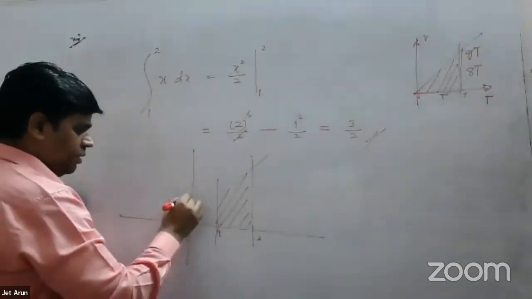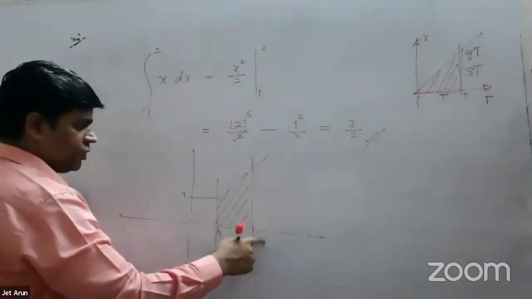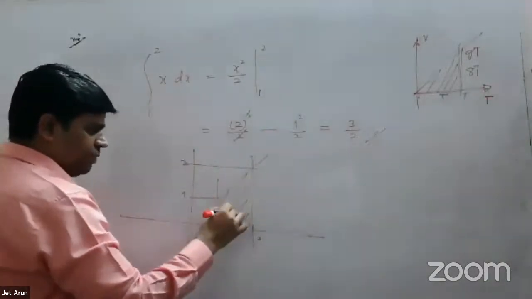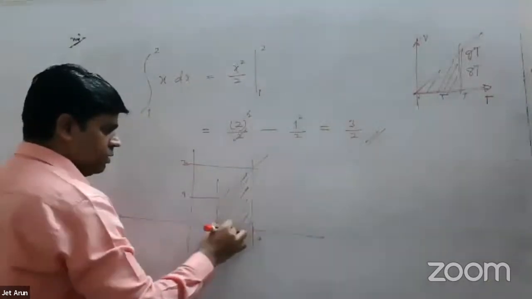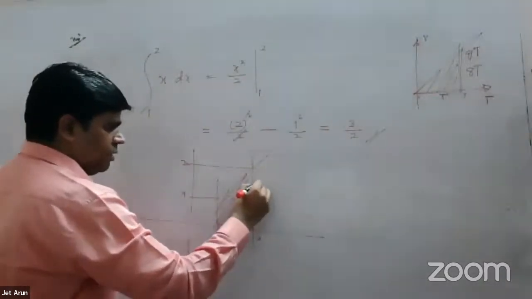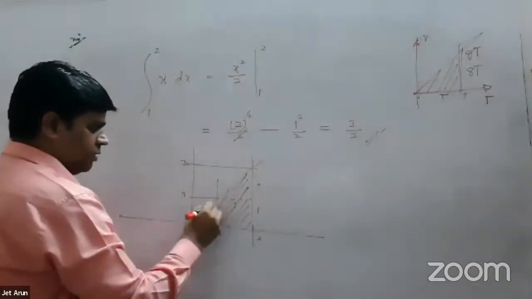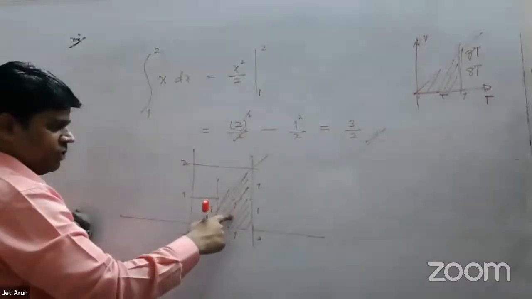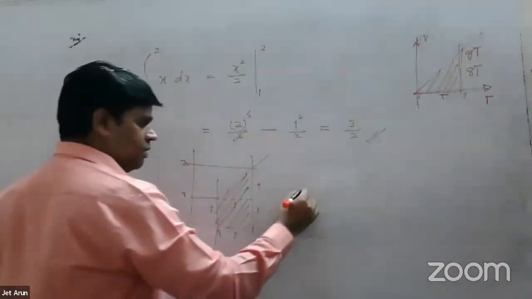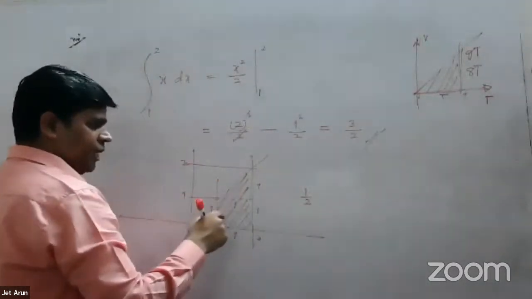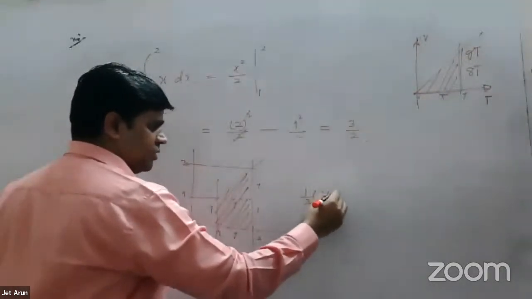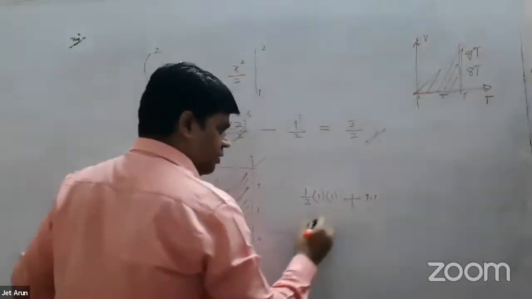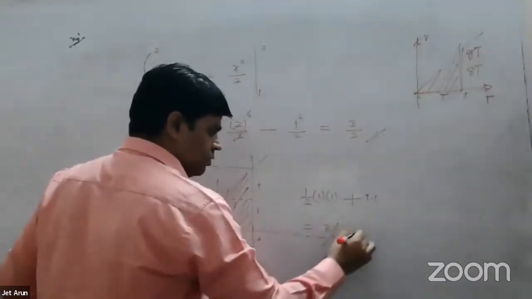If this is 1, and this is 2, the area of this would be the area of a triangle plus the area of a square. What is the area of the triangle here? Half into base into height. Base is 1, height is 1, plus the area of the square here, 1 into 1, which is 3 by 2.